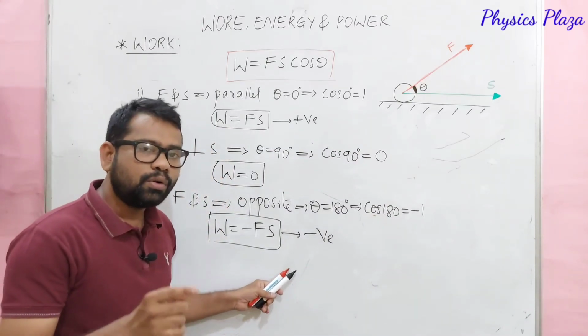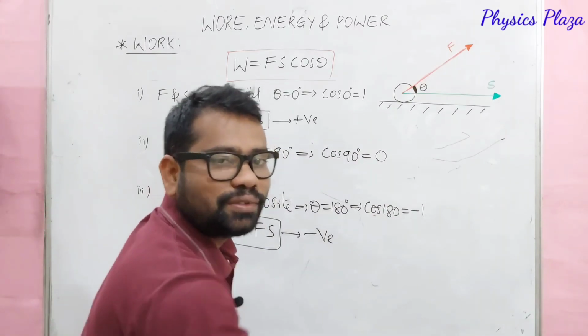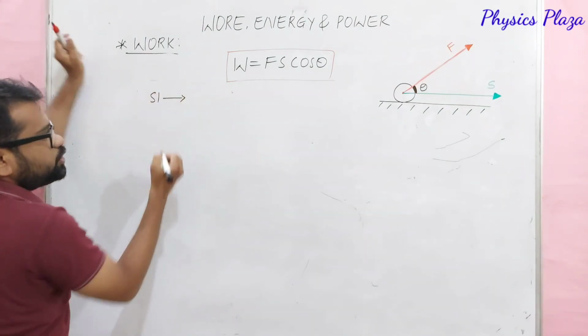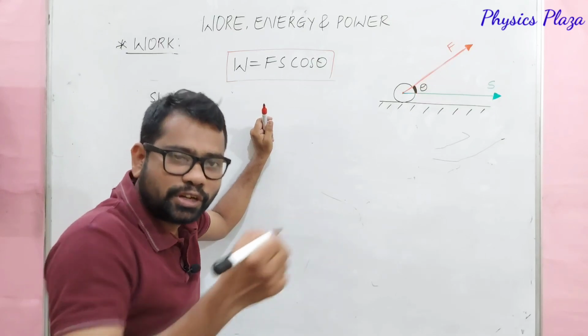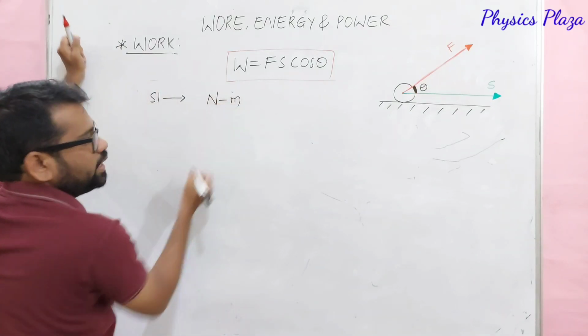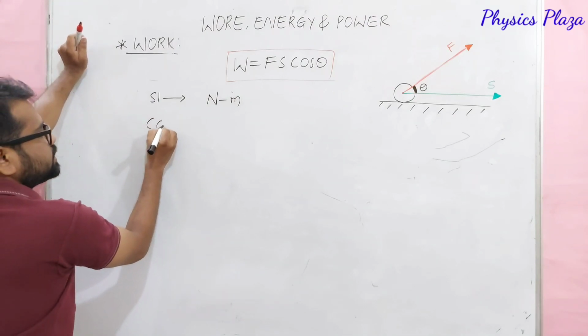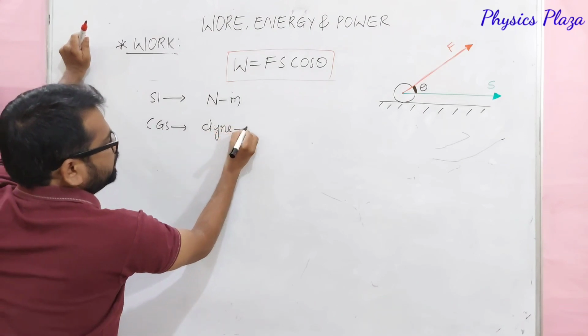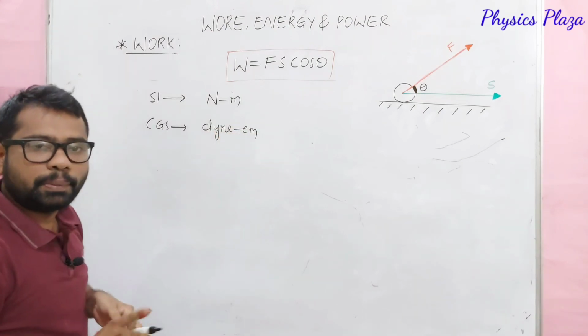Okay, children. Now we will see the units of work done. As work is force into displacement, the SI unit is newton meter, whereas the CGS unit is dyne centimeter.